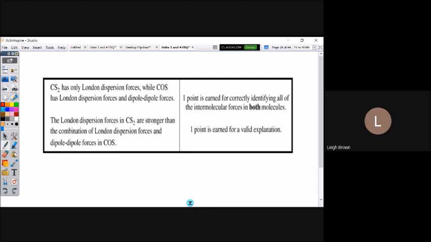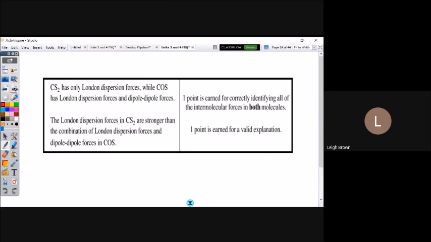Okay, so again, this is another unexpected situation. I just wanted you to see this. Lately on the exam, they've liked to give you one of these, in the last 2 years. So London dispersion forces in CS2 are stronger than the combination of LDFs and dipole-dipole forces in COS. And that was why the boiling point was higher.